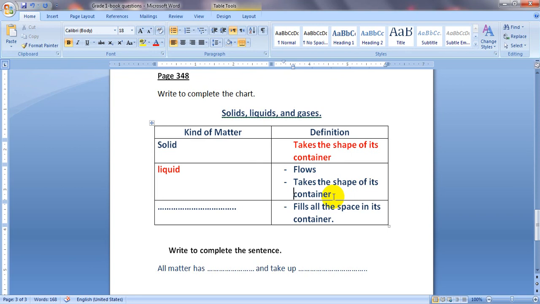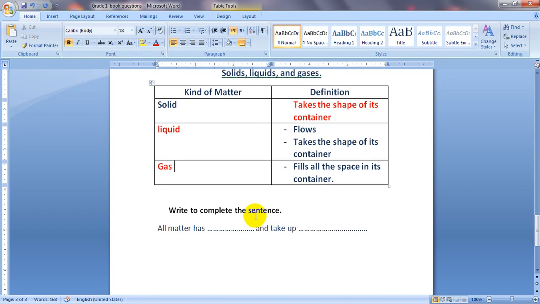What about the last one? Here also we don't know the kind of matter, but we have the definition. Fills all the space in its container. It will be a gas. A gas doesn't have shape. It fills all the space in its container.